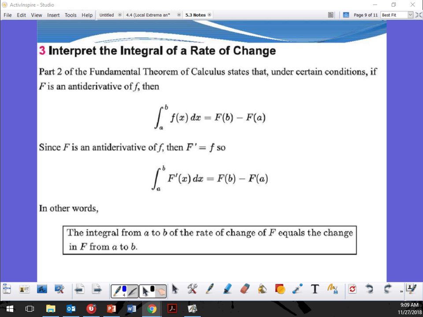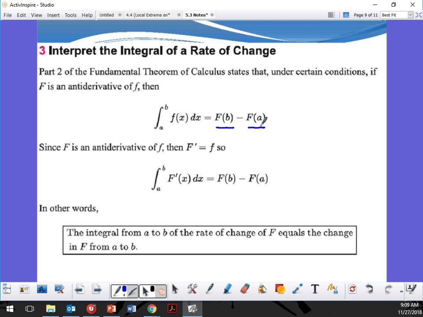All right, so interpret the integral of a rate of change. Part 2 of the Fundamental Theorem of Calculus states that under certain conditions, if F is an antiderivative of f, then, given my bounds from a to b, I would have the integration. Going from lowercase f to capital F, that's the antiderivative. So it's the integration at b minus the integration at a, right?